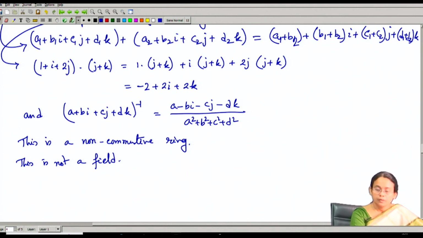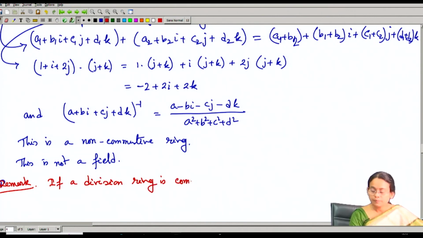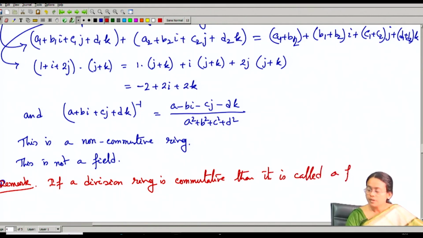So, remark: if a division ring is commutative, then it is called a field.